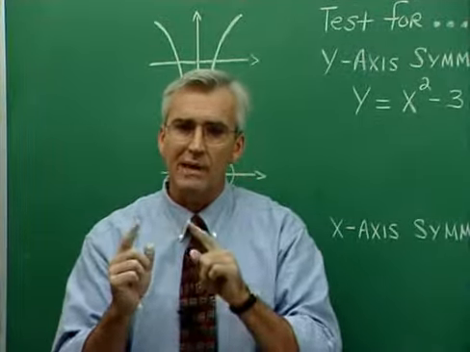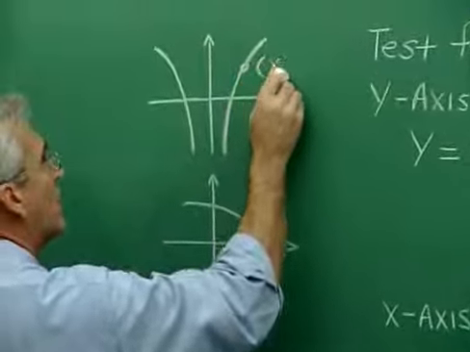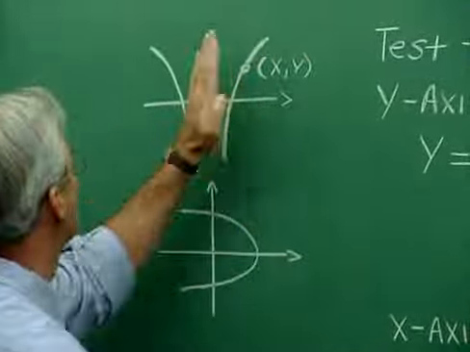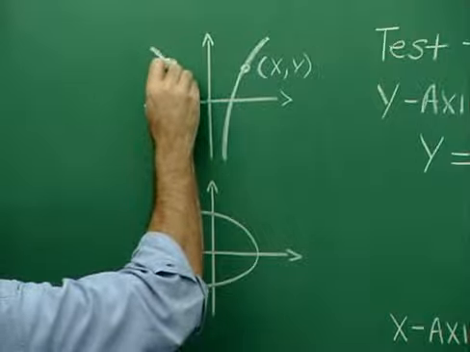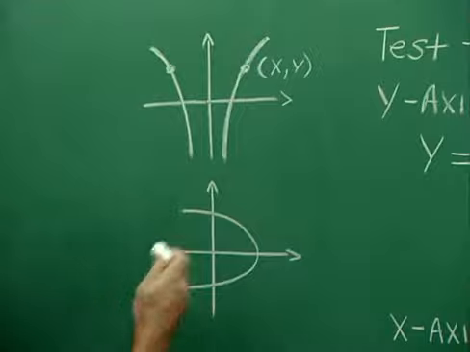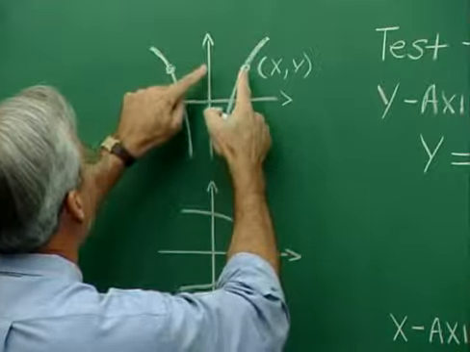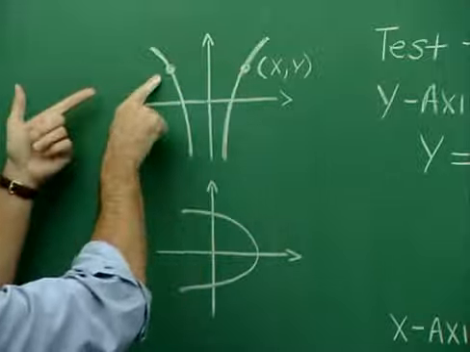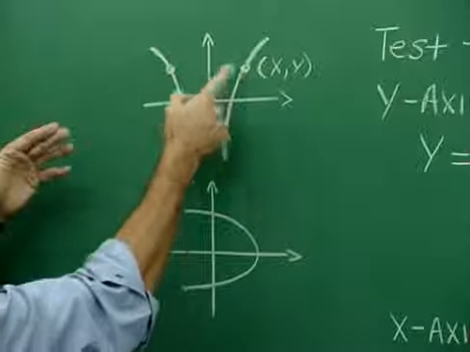Suppose I take an arbitrary point on this part of the graph, and the coordinates of that point are x, y. And I make this fold. I go through that folding process. Well, where does this point end up? It ends up right over here. Now, what are the coordinates of that point? All we did was fold along the y-axis, so the x component just came right over here, and now it's just the negative of that x.